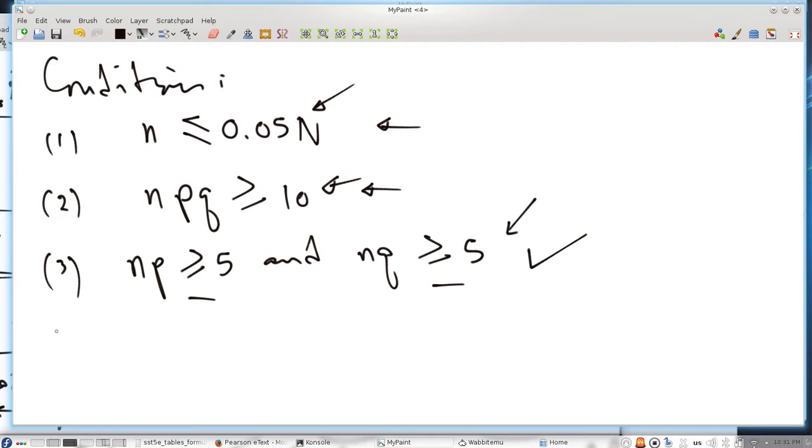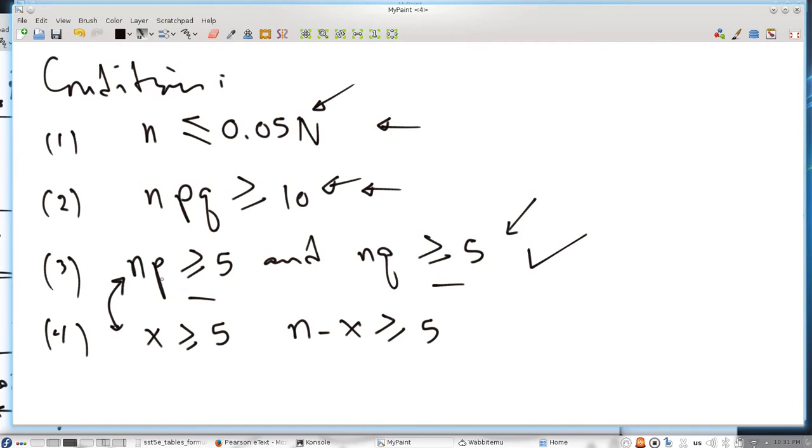A fourth one that has become very popular now is that the number of observations must be at least 5, and that the sample size minus the number of observations must also be at least 5. In a way, these two conditions complement each other.